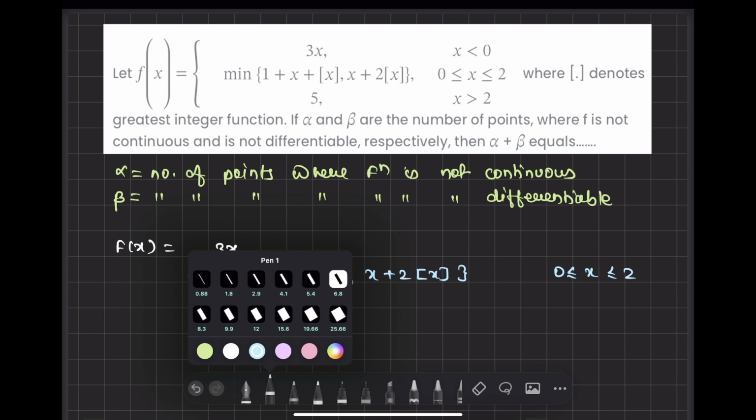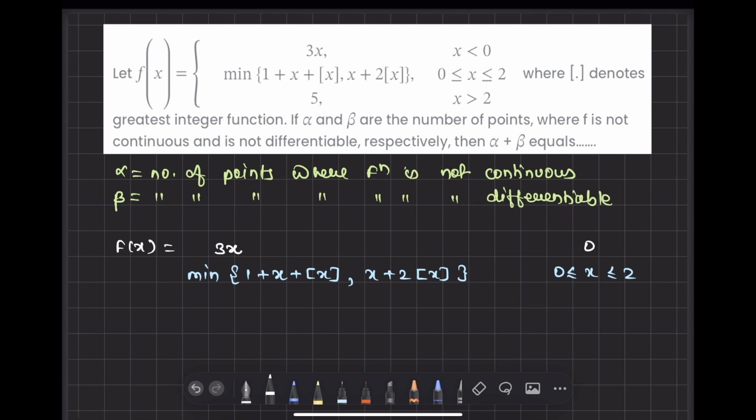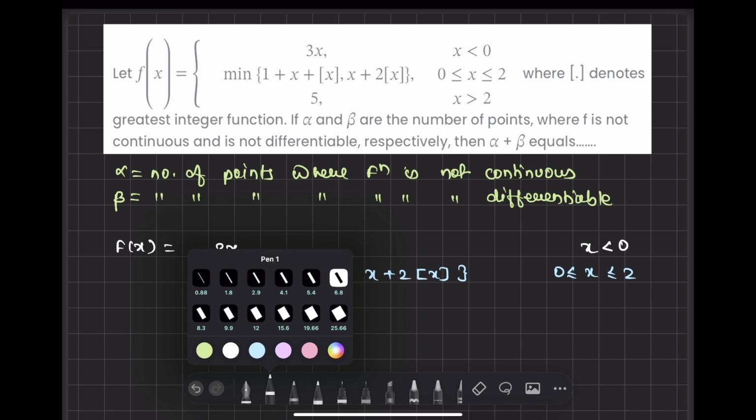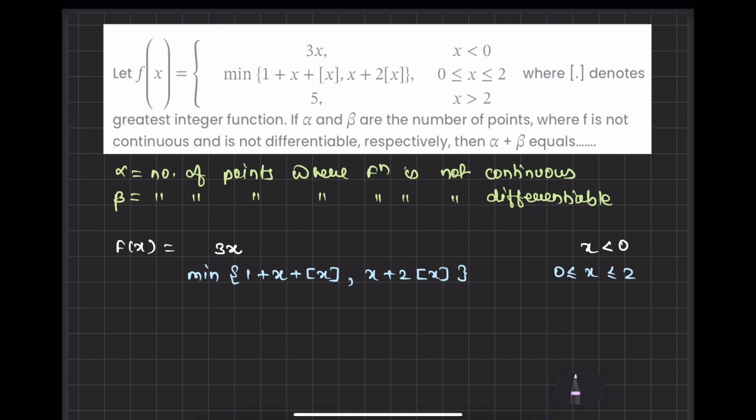Okay, this is a very interesting problem, and we will solve it by using a graphical approach. And in the remaining region, meaning x greater than 2, it will have 5.